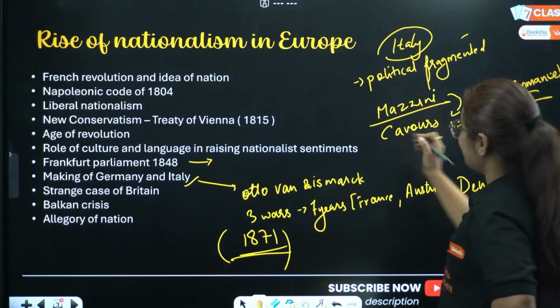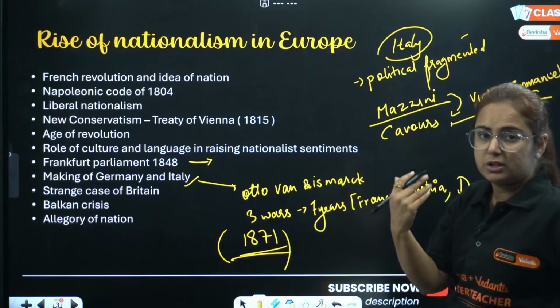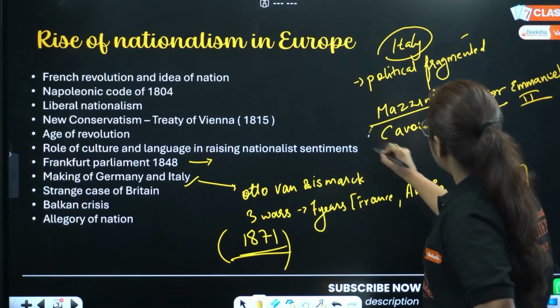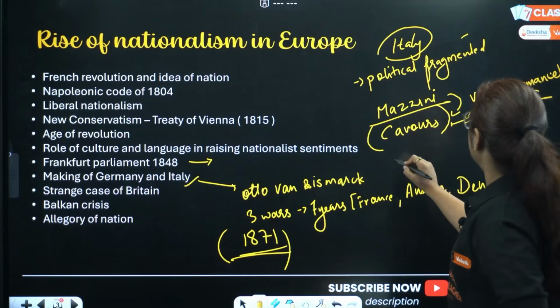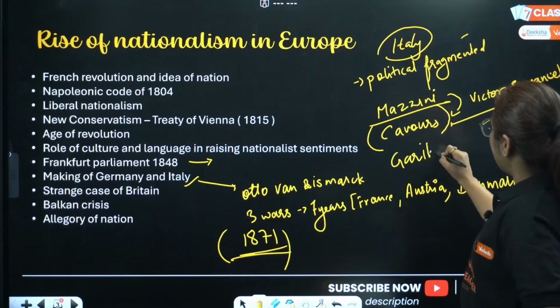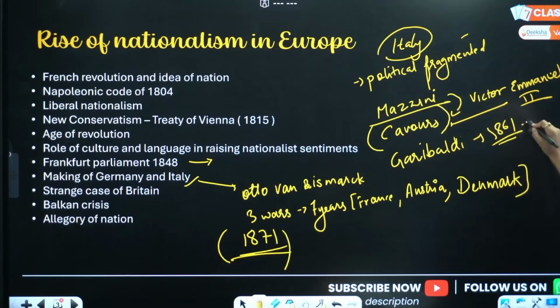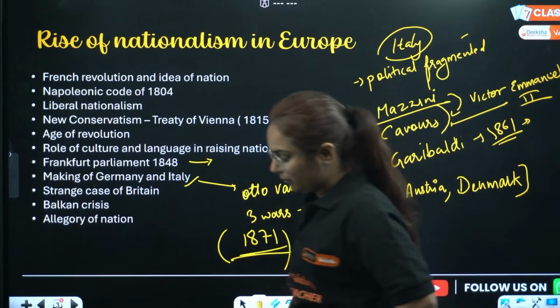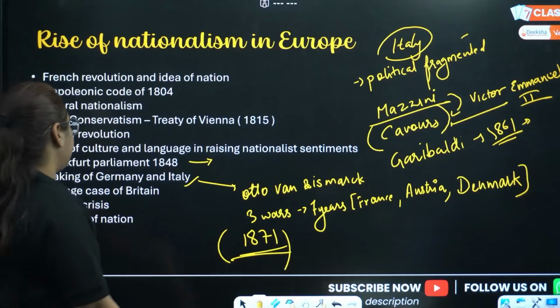Cavour was a mastermind, a diplomatic person, not a democrat, not a dictator. He was a smart person. Then Garibaldi comes into the picture, and because of these 3 people, in 1861, what? Italy became a unified nation with Victor Emmanuel II as the first monarch of unified Italy.